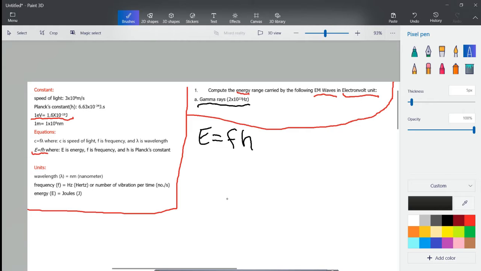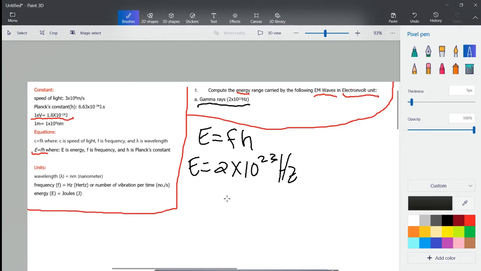So energy is equal to the frequency, 2 times 10 to the power of 23 hertz, and the Planck constant.